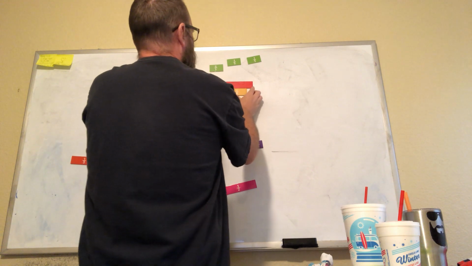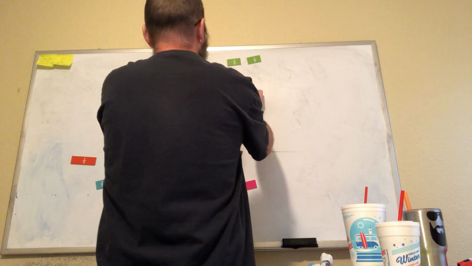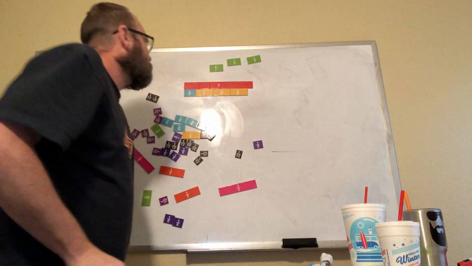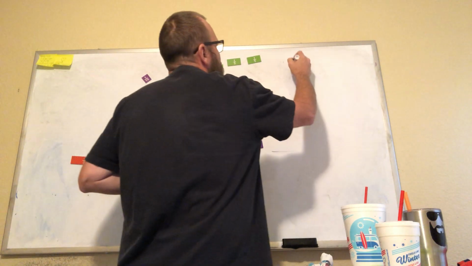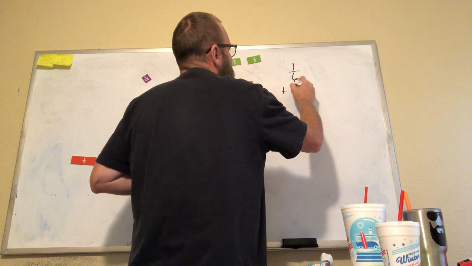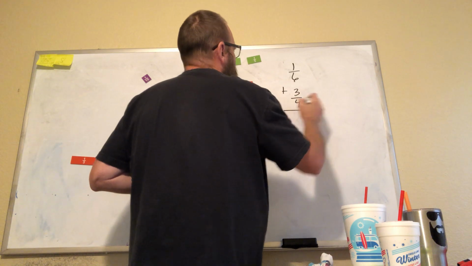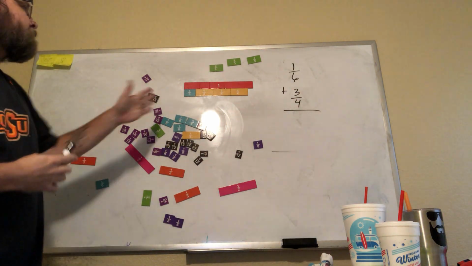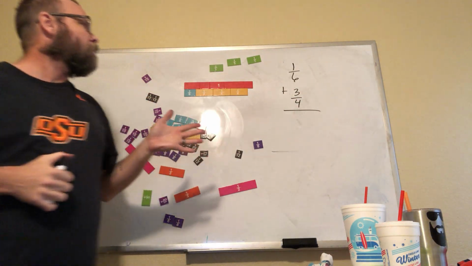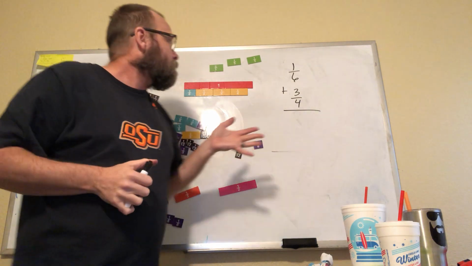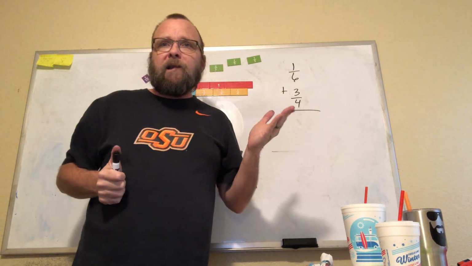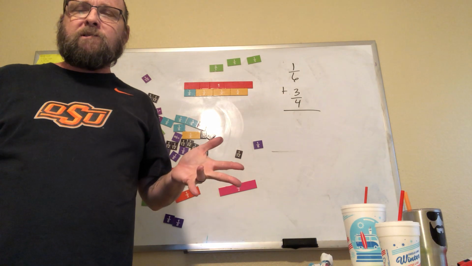We are going to be just a little bit less than 1. I could mess around and put pieces under here, but I don't want to do that. I'm lazy. So let's find out what the least common denominator is.